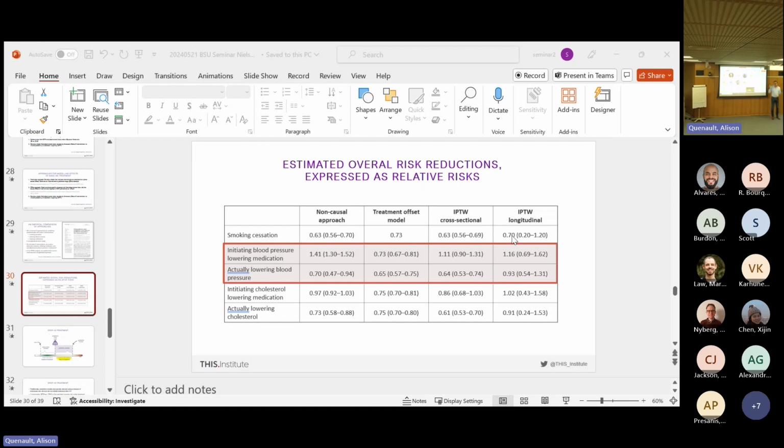We should look at the causal effects of the things that we're considering to do. And I think we're still at the start of the journey and we're not quite sure where we're going to end up. And maybe at some point the purely associative risk factors might become less important.